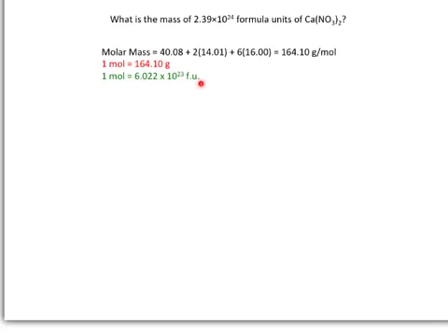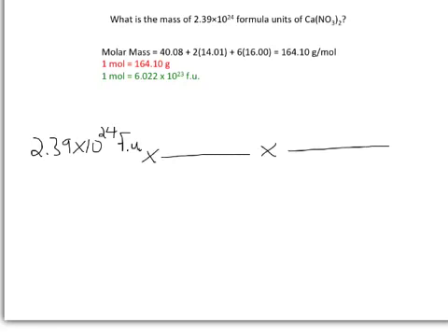So I'll set up my conversion. I've got that many formula units, and I'll have a two-step conversion. So if I have formula units in the numerator, I need formula units in the denominator.